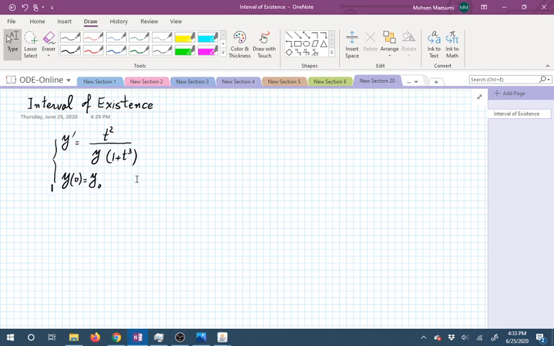Once again, you remember that we had this issue in one of the early lectures. We looked at our denominator and made sure we are not dividing by 0. So of course I cannot have y equal to 0, but that's not going to tell me what the interval of existence is.